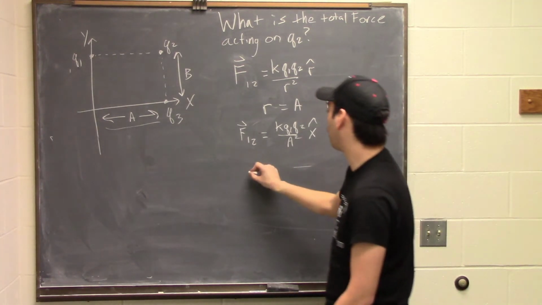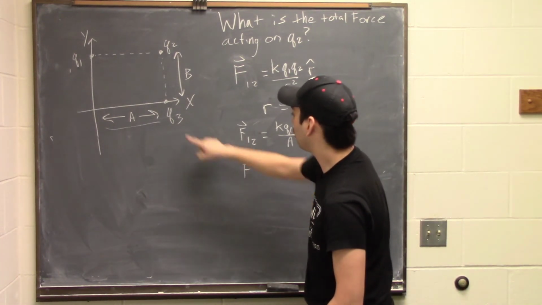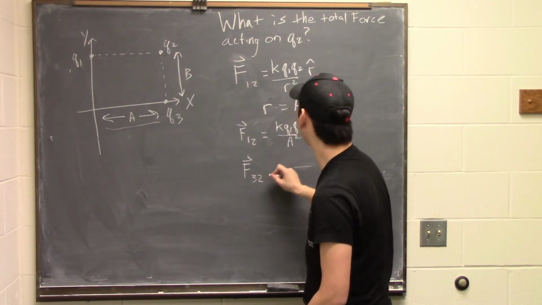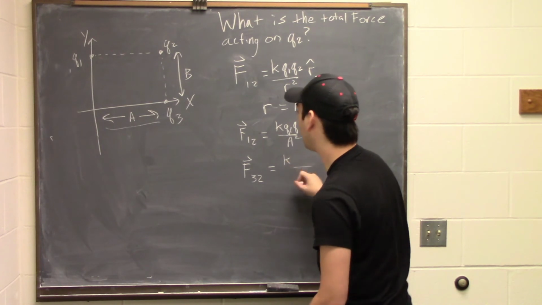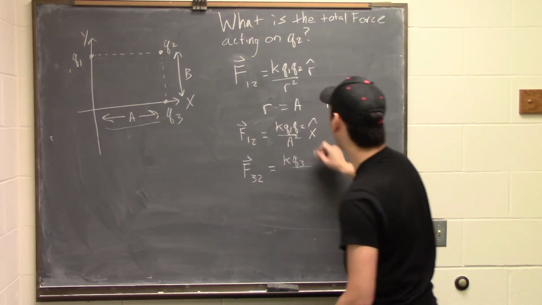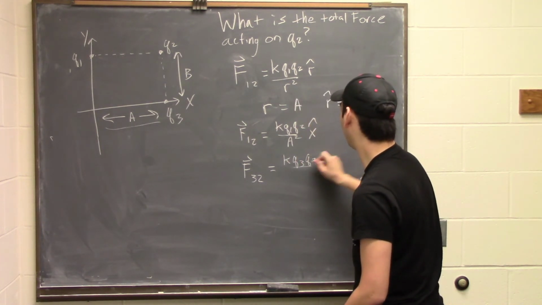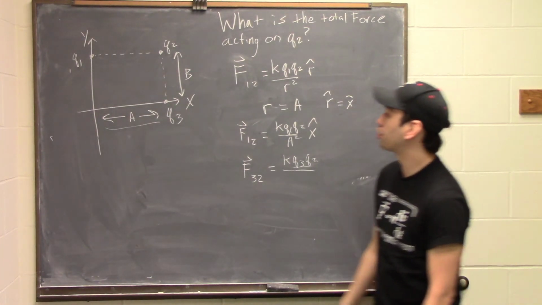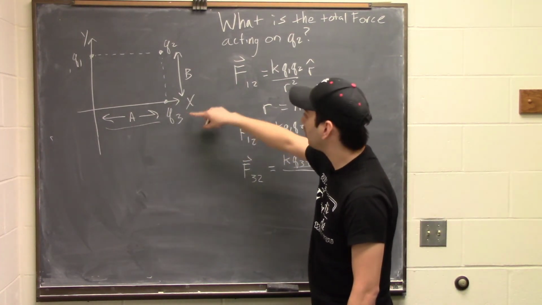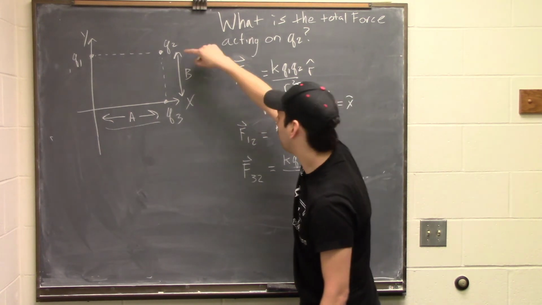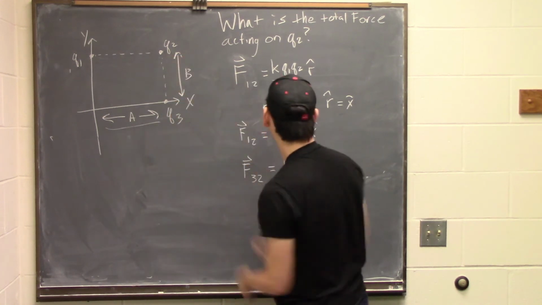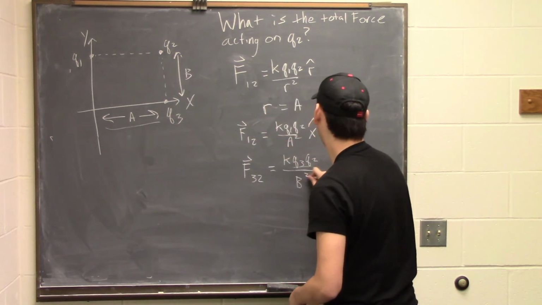Now let's look at what the force is from Q3 to Q2. So the force from Q3 to 2 is going to be equal to K times Q3 times Q2 divided by the distance from Q3 to Q2. This distance is going to be B, right? Because we can see that we have this labeled B on this side. So this is going to be B squared.